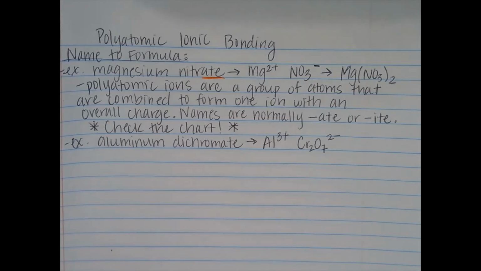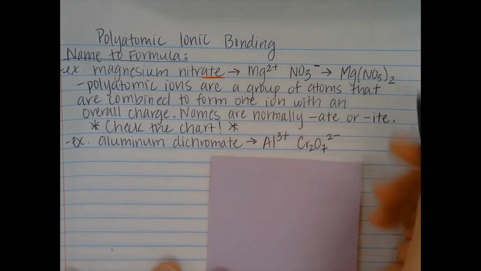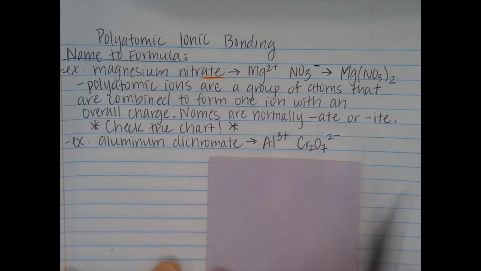Alright, so now I'm going to think about this in terms of crisscrossing. Now I gotta crisscross this to make a neutral compound. Well, I need all of this to add up to 6. 6 pluses, 6 minuses, because that's your common number between them.